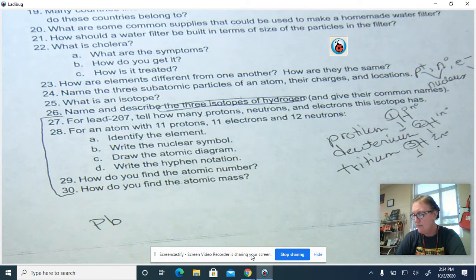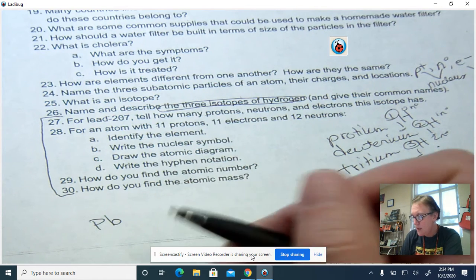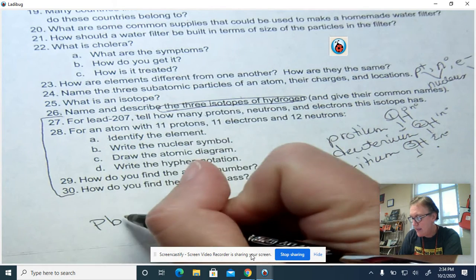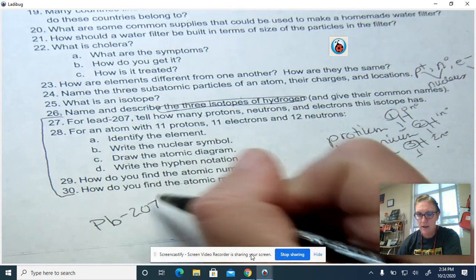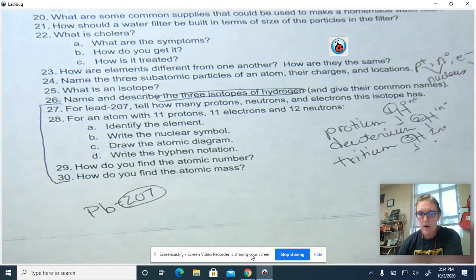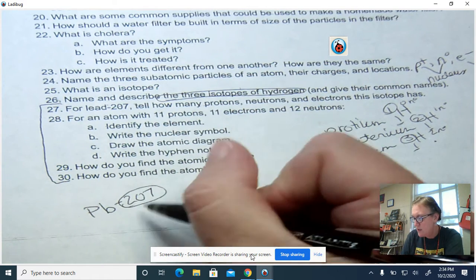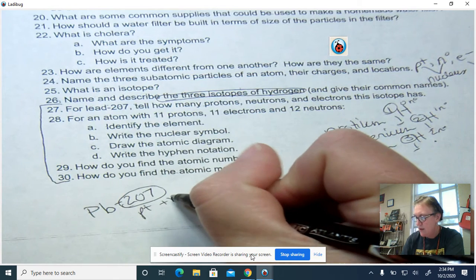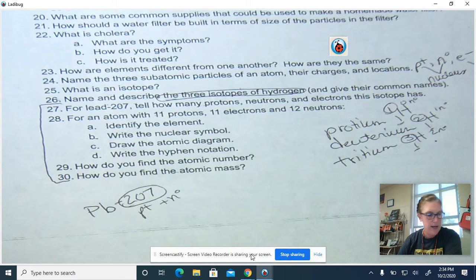Okay, so for lead 207, tell how many protons, neutrons, and electrons this isotope has. So this is lead. The fact that it's lead 207, this number here is the mass. And we know that mass is protons plus neutrons. So now we just need to figure out how many protons it has.